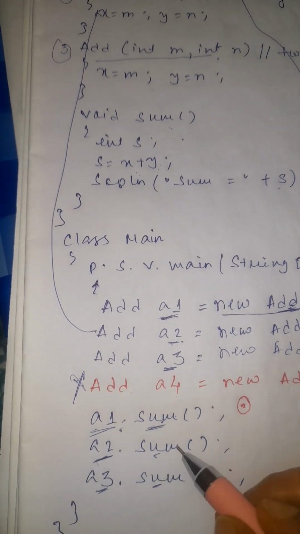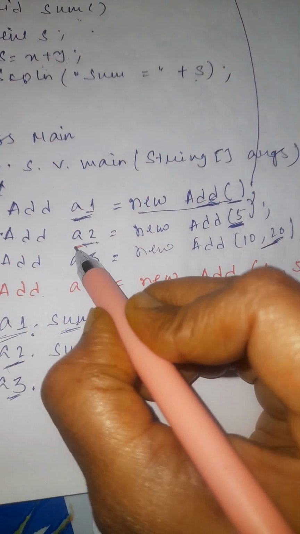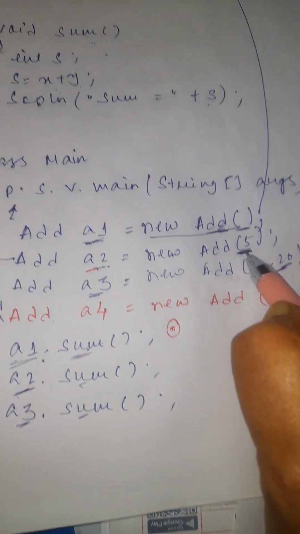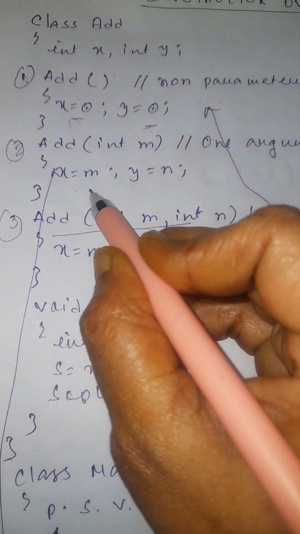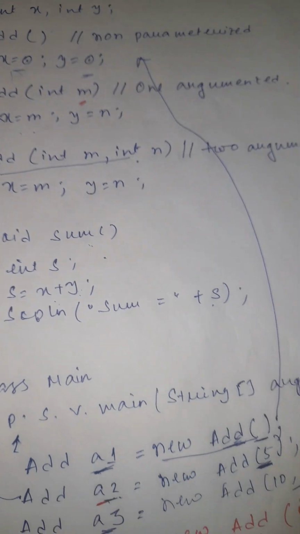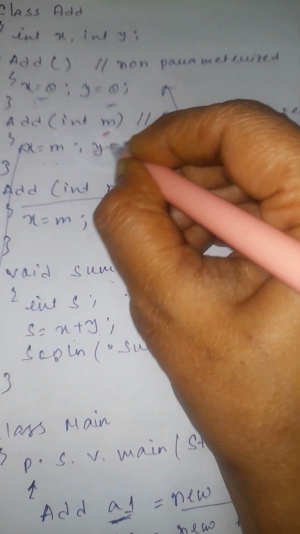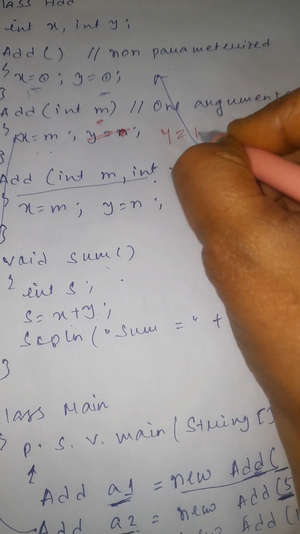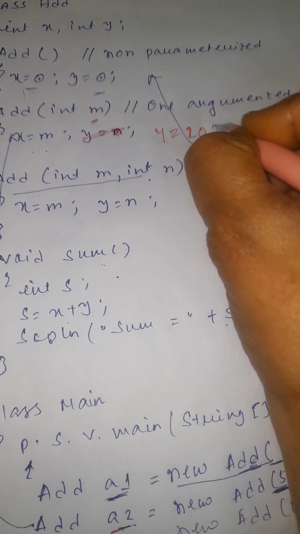Clear? Next, a2 dot sum. What will be the values of x and y? At the time of declaring the object a2, the one-argument constructor was called. In this constructor x will be m, and the value of m is 5. Here y equal to 20. Clear?